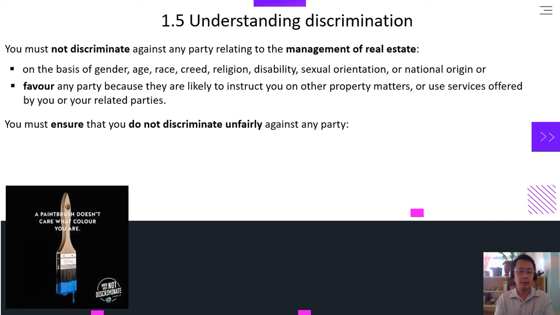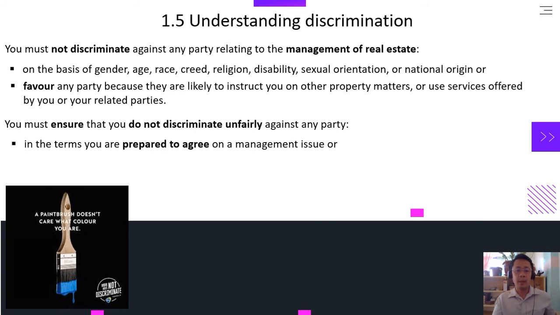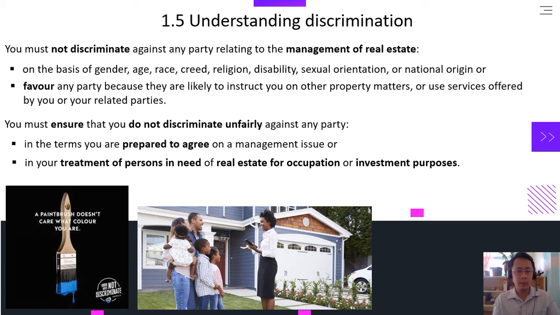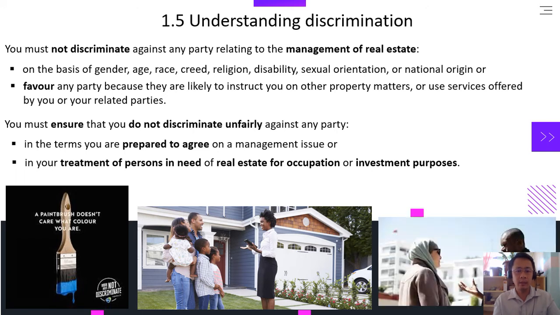You must ensure that you do not discriminate unfairly against any party in terms you are prepared to agree on a management issue or in your treatment of persons in need of real estate for occupation or investment purposes.